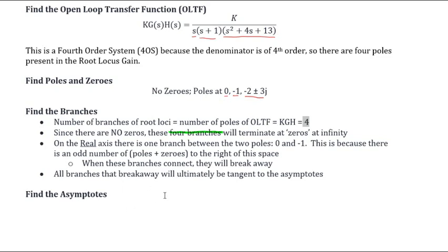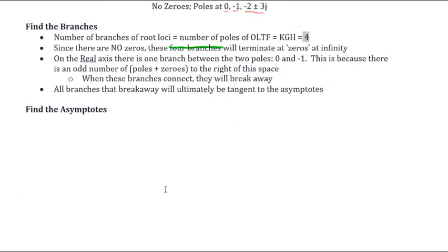So I'm going to go ahead and we'll just draw the pole zero map and put those in. So -1, -2, -3, -4, 1j, 2j, 3j, and -1j, -2j, and -3j.